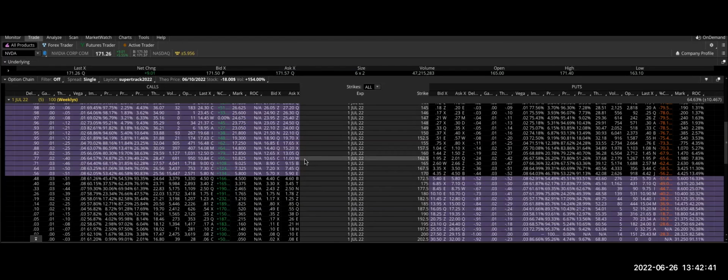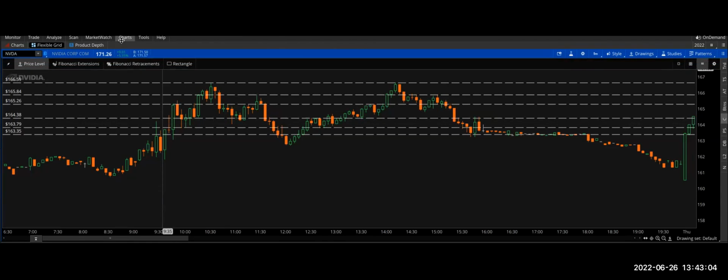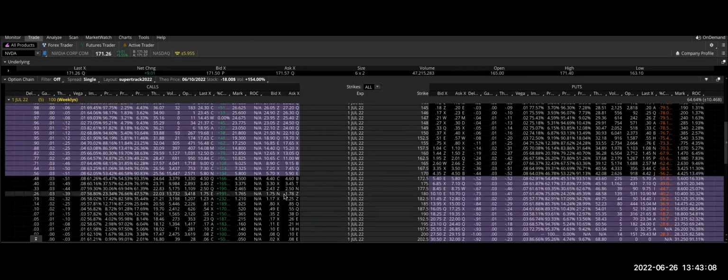So 162, 165, that's 1, 2, 3, 4, 5. So this would have been last week. This would have been roughly around $1.23. So getting in here at 163.50, the call would have been about 1.23.